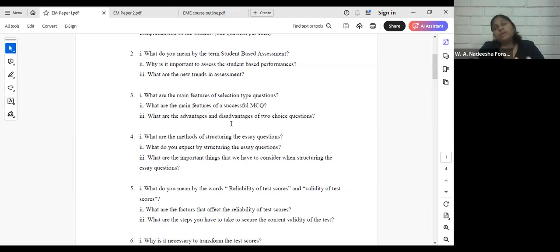Think of an essay in Sinhala or any language. You are asked to write the essay or explain something. There, that is the open question.